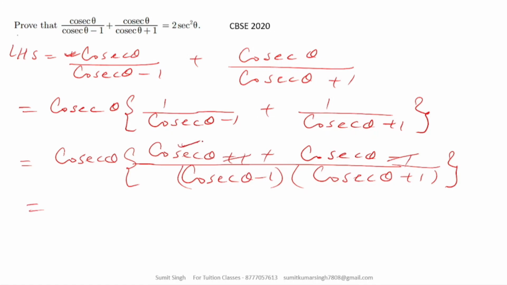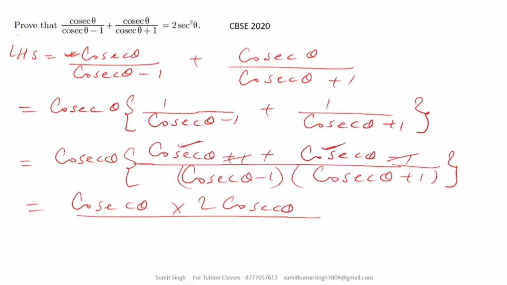So from here, this cosec theta and this cosec theta will add up to 2 cosec theta. So we will have 2 cosec theta. One more thing, cosec theta minus 1 and cosec theta plus 1 is of the form (a plus b) times (a minus b). That will be equal to cosec square theta minus 1, and by the formula that will be equal to cot square theta, because cot square theta is equal to cosec square theta minus 1.